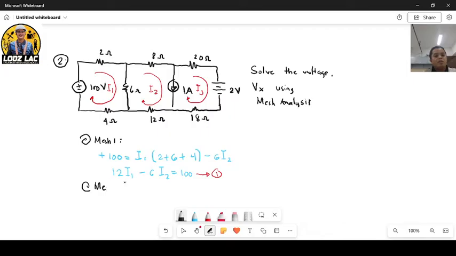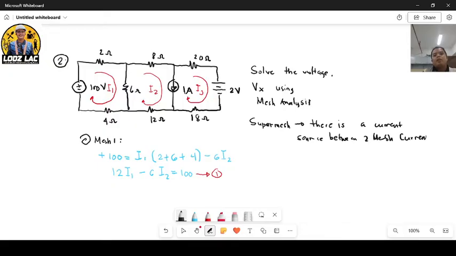Now, at mesh 2, we cannot get the equation because we have a current source here. So always remember the condition: when can we say that a supermesh happens? A supermesh happens when there is a current source between two mesh currents.